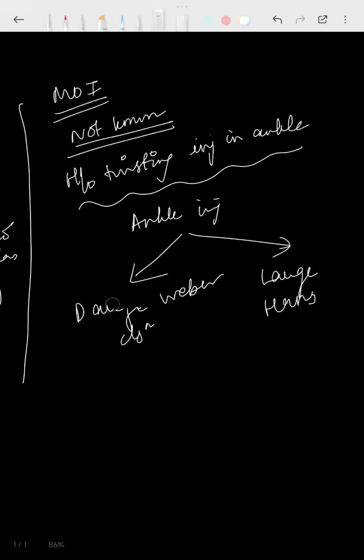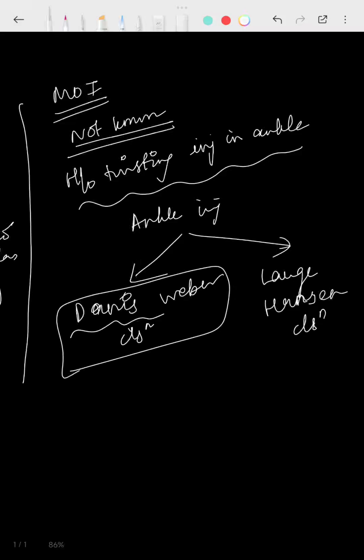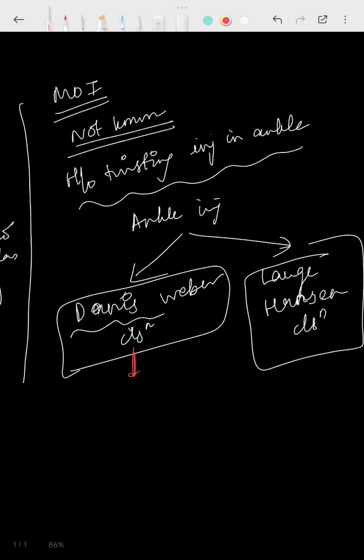The Danis Weber classification is based on the fracture line location relative to the fibular syndesmosis.